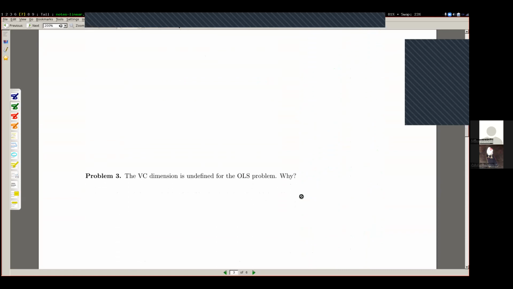So problem number 3 right here. It's telling us that the VC dimension is undefined for this ordinary least squares problem. And why is that the case? Well, the VC dimension is only defined for binary hypothesis classes.